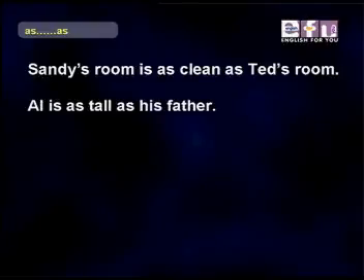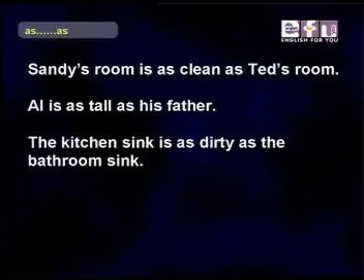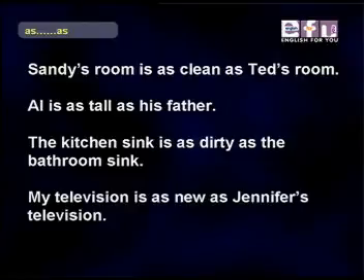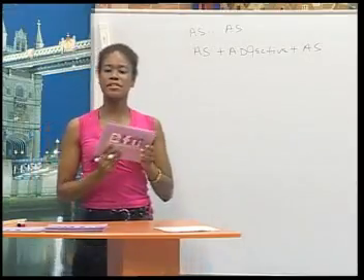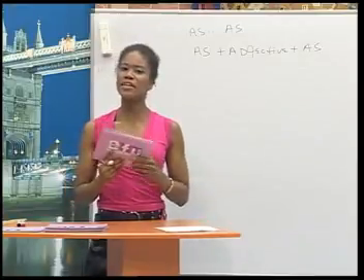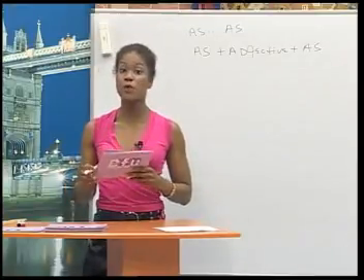Next, Al is as tall as his father. Next example. The kitchen sink is as dirty as the bathroom sink. Next, my television is as new as Jennifer's television. So as is used to say that two things are equal or the same in some way.